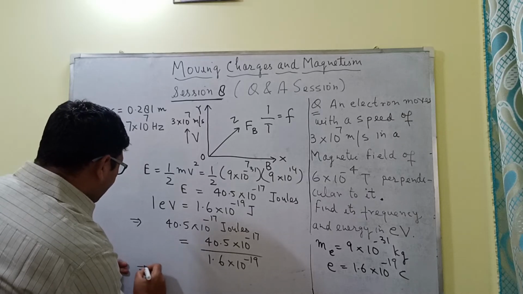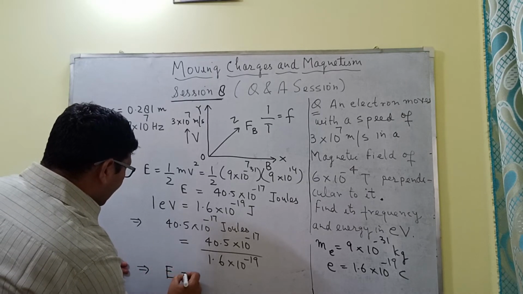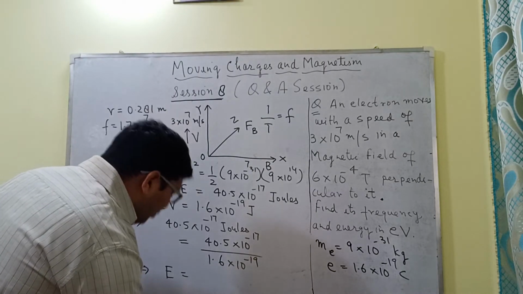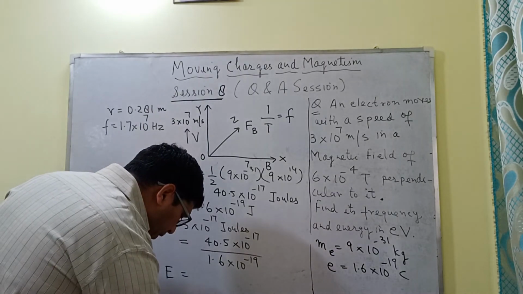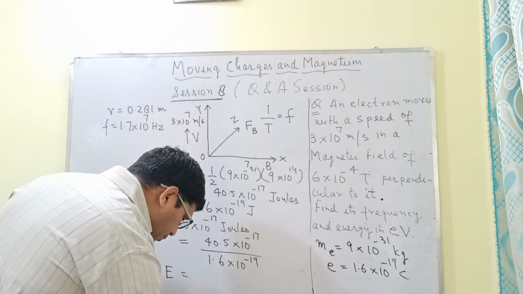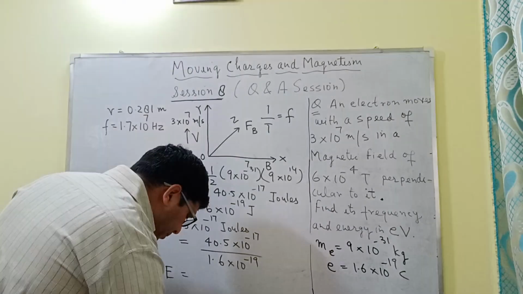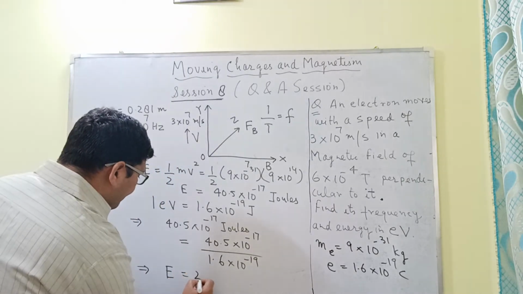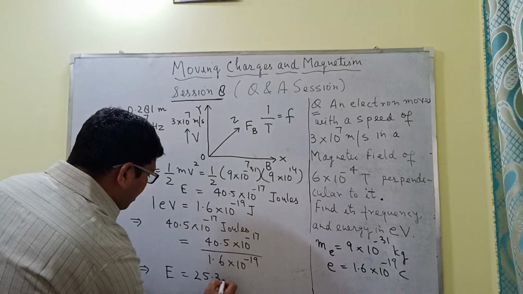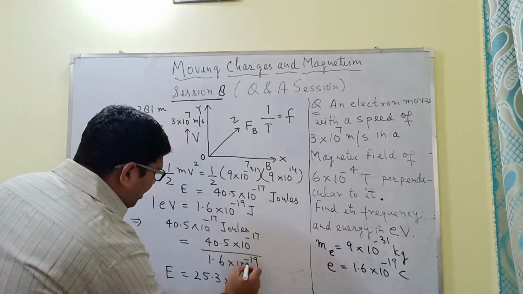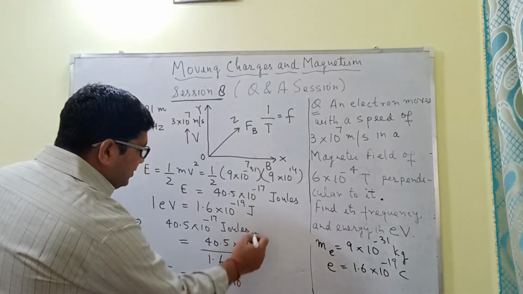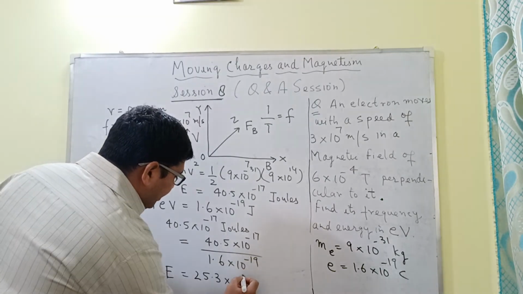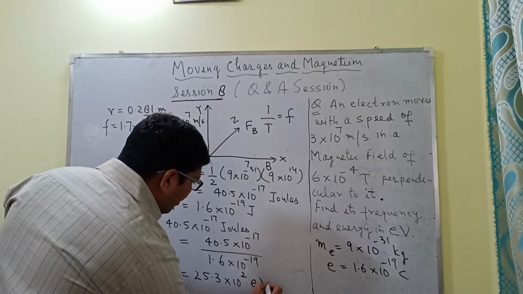So it implies that the energy in electron volt will be equal to 40.5 divided by 1.6, which is equal to 25.3 into 10 to the power minus 17, and when this 10 to the power minus 19 goes in the numerator, it will be equal to 10 to the power 2 electron volt.